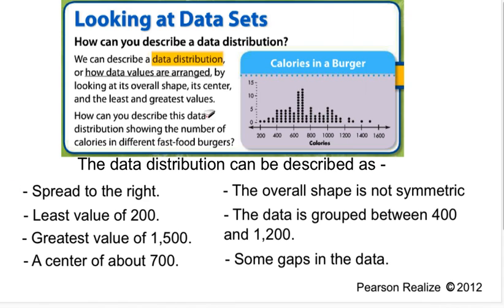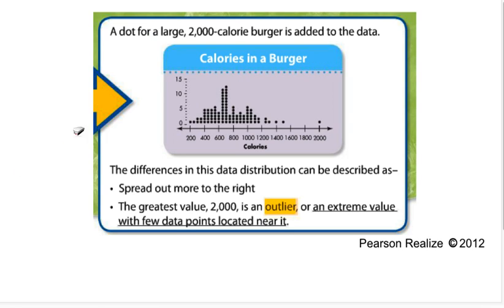But then we do something different. A dot for a large 2,000 calorie burger is added to the data. That puts the data way out here. And so we can see that we still have data that is not symmetrical, and it's really being spread to the right now as a result of that one burger.